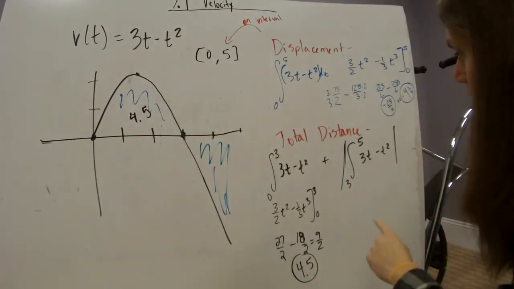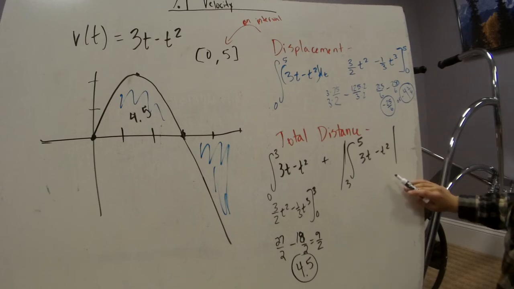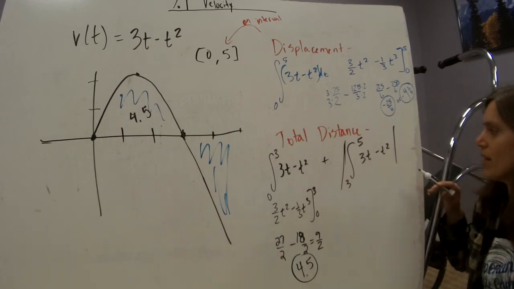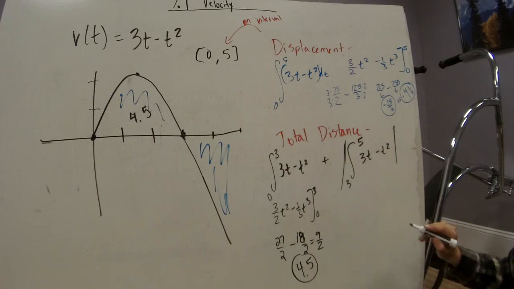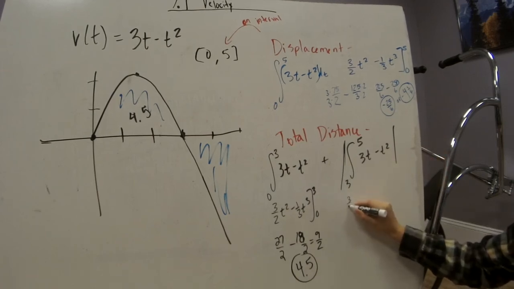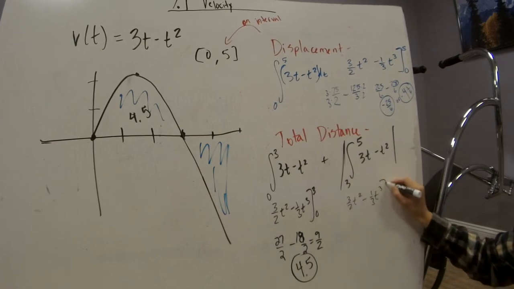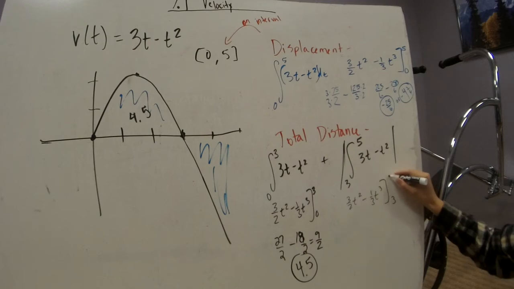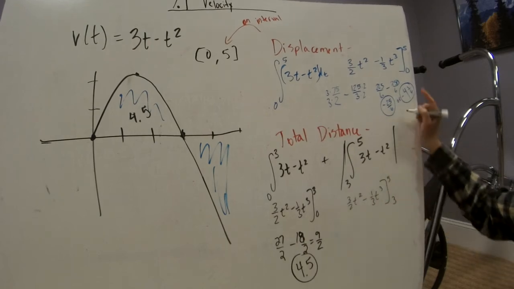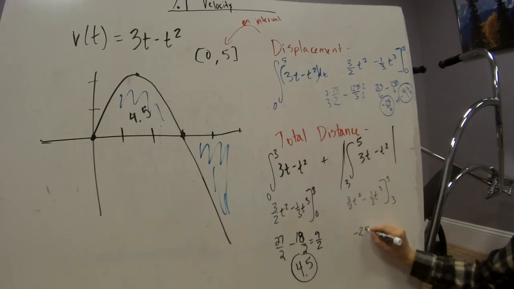Now I've got to find the area of this thing, and it'll be negative, but we're going to make it positive before we add it together. Sorry, I got lost in my train of thought. I was already plugging things in. So if I do 3 over 2 t squared minus 1/3 t cubed, and I plug in 3 and 5, here's a nice thing. I've actually already plugged in 5, and I got negative 25 over 6.